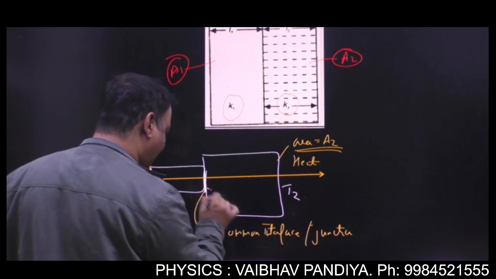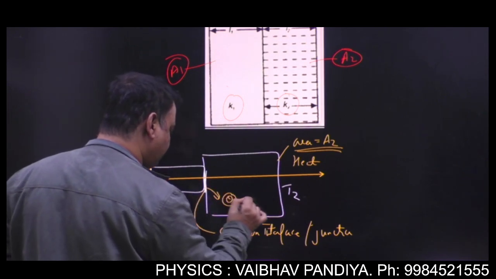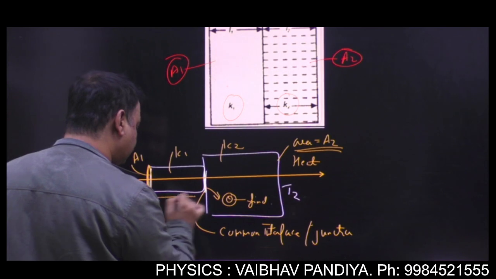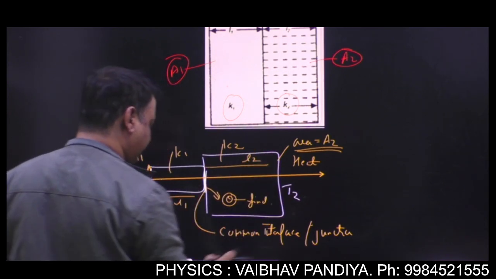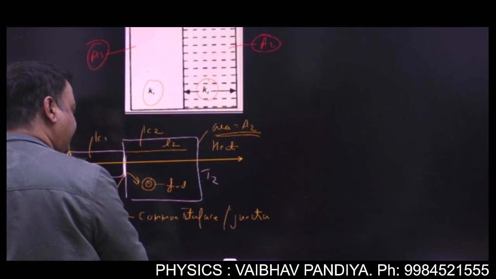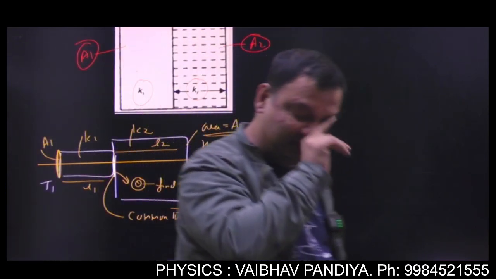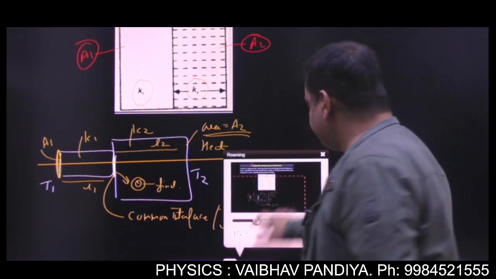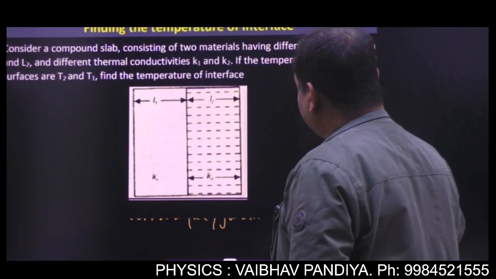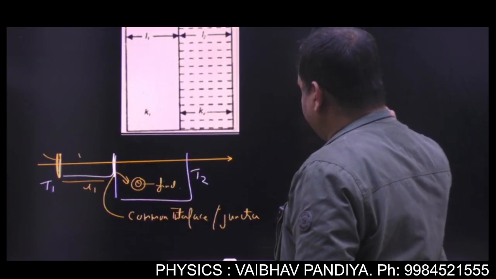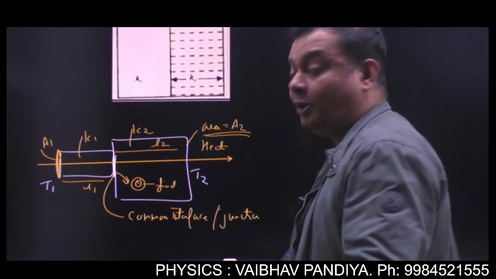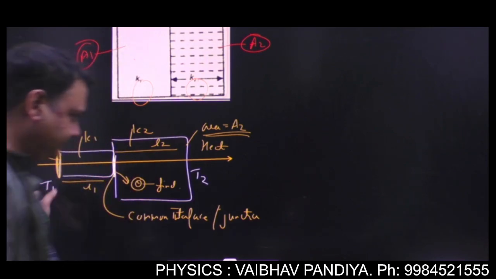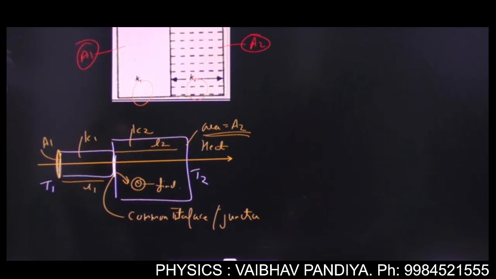Say here the common interface is at temperature theta, which we have to find. Here the conductivity is K1, here the conductivity is K2, this length is L1, this length is L2. So see, can you say this is the series combination of two slabs? You can write the heading: the goal is finding the temperature of interface, or common boundary or common junction. So key point one is, can we say both the slabs are forming series combination?